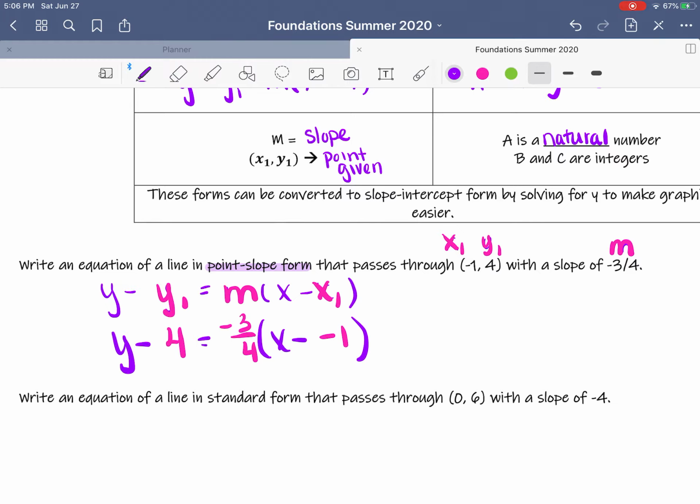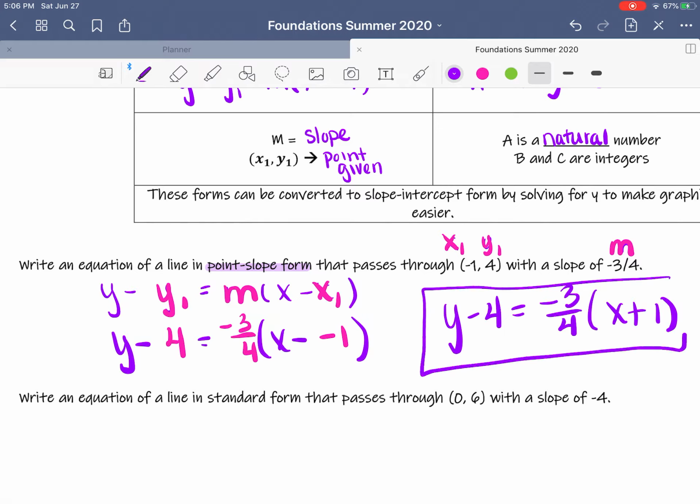Really the only simplifying that you have to do when something is in point slope form is if there's a minus and negative anywhere, and there is right here. So we're going to simplify that, leave this, make this a plus sign, and that is point slope form.